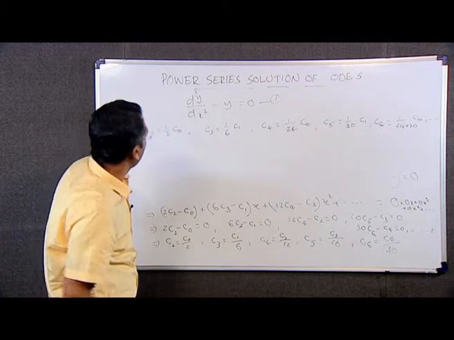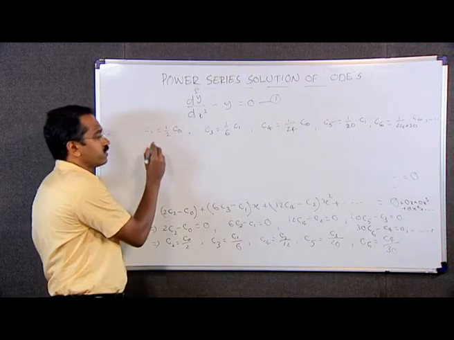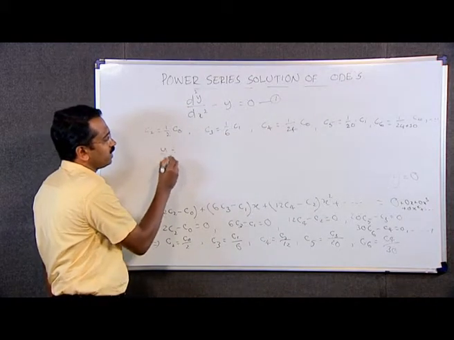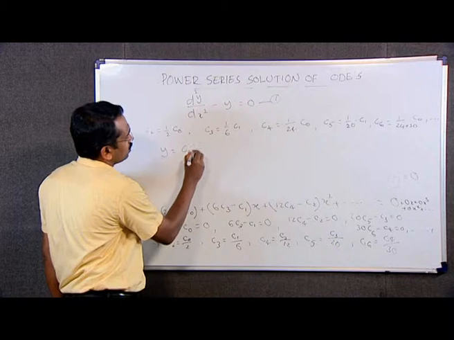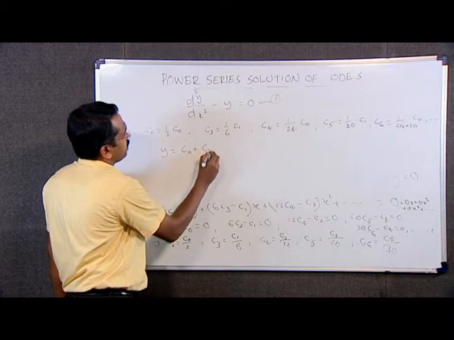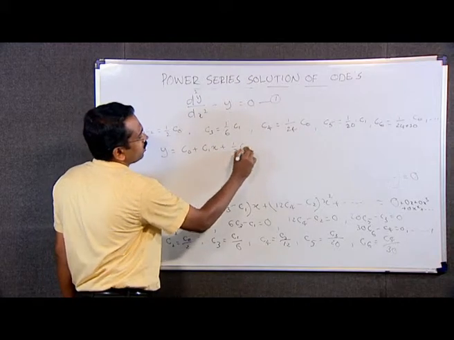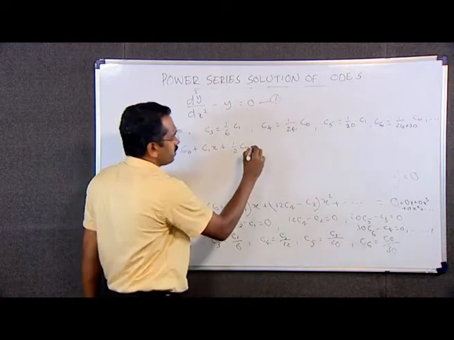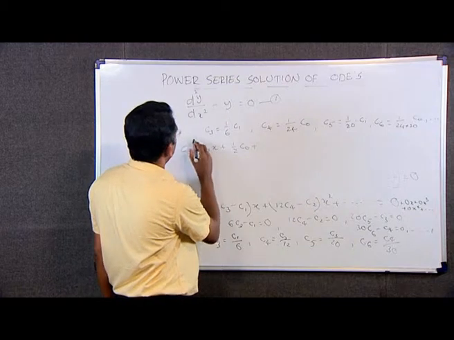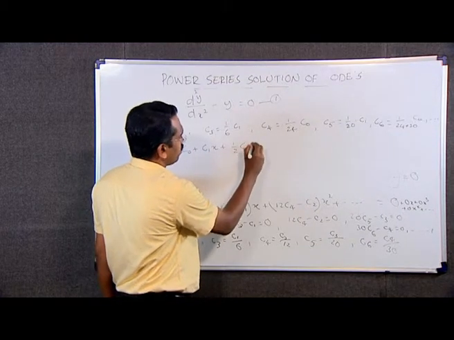Therefore, we can write the solution as y equal to C0 plus C1x plus C2 is 1 by 2 C0 into x square.